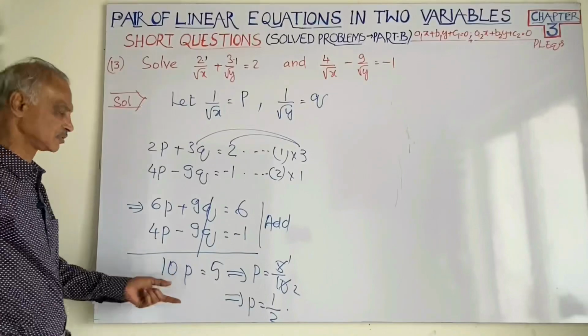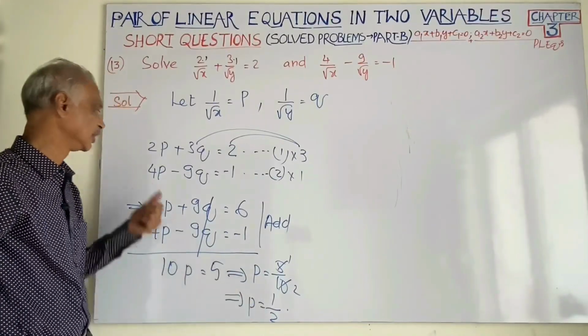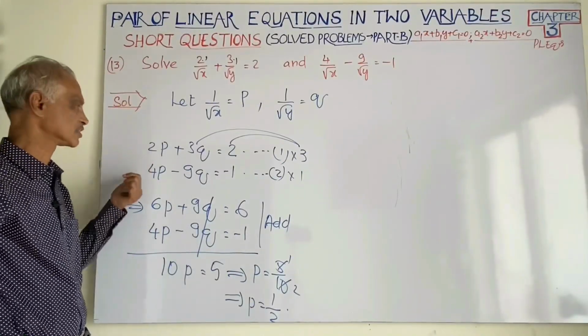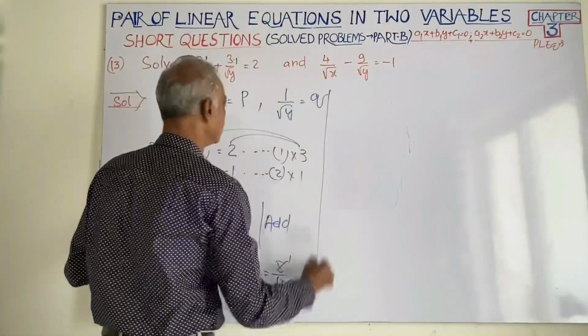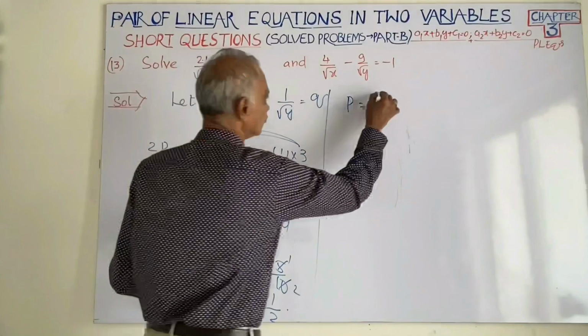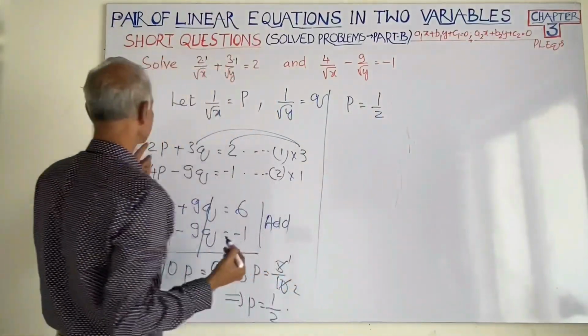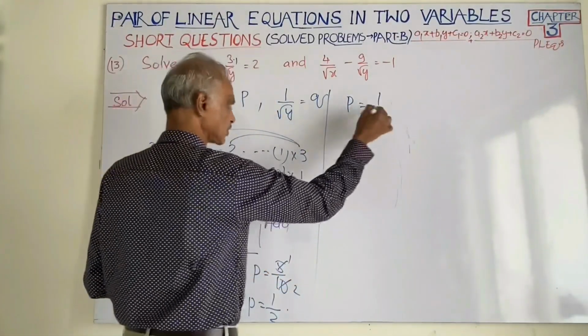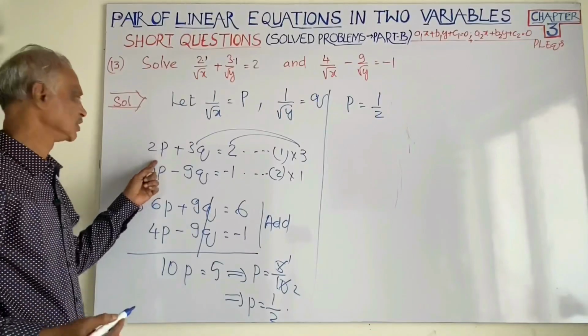Then you have to substitute the value of p is equal to 1 by 2 in one of these two equations. I will take this equation, 2p plus 3q is equal to 2. What is the value of p? 1 by 2.